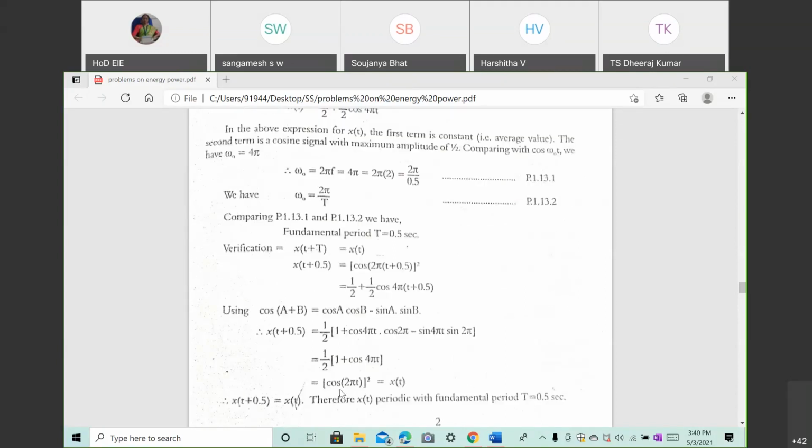As per the trigonometric formula, this is cos of 2 pi t whole square, that is equal to x of t.